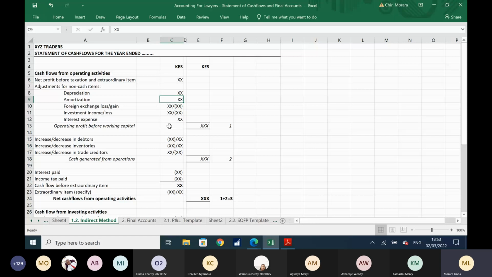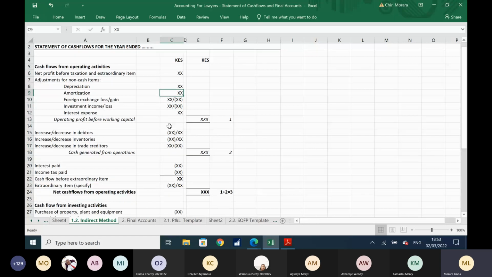You also have your foreign exchange gain or loss, that is not a cash item. So you're adding it back or deducting it depending on whether it was a gain or a loss. If it was a loss, you'd be adding it back. If it was a gain, you'd be deducting it.